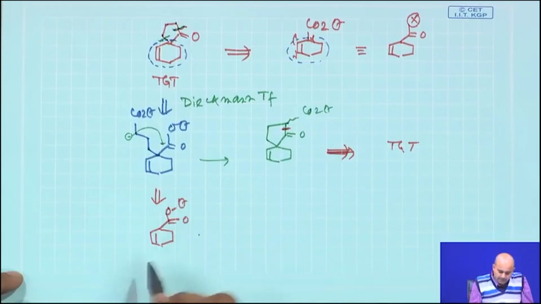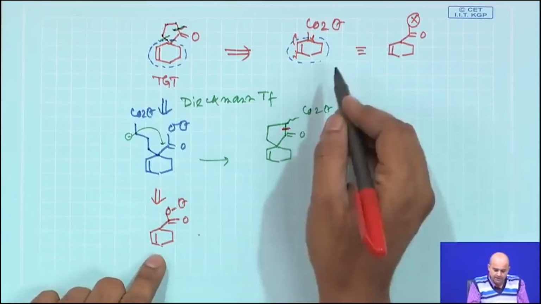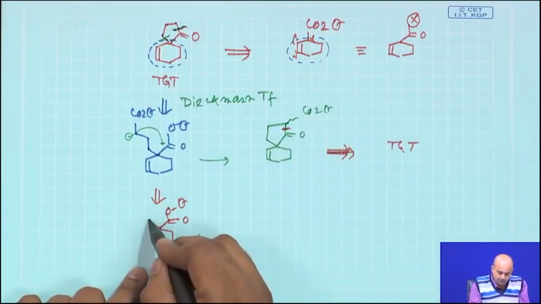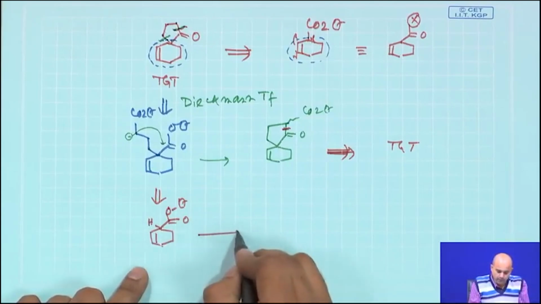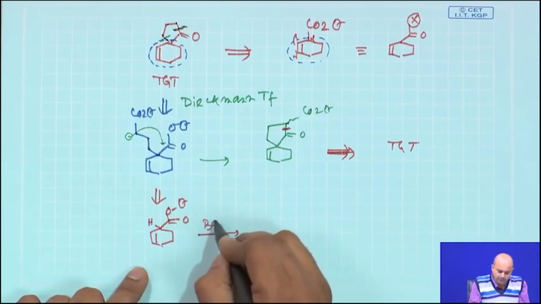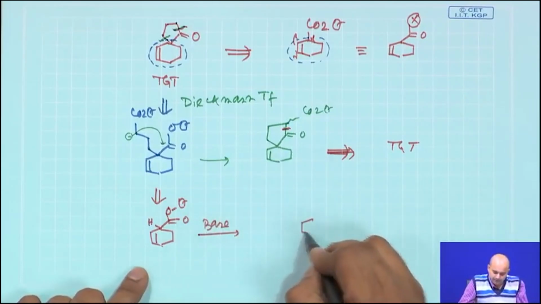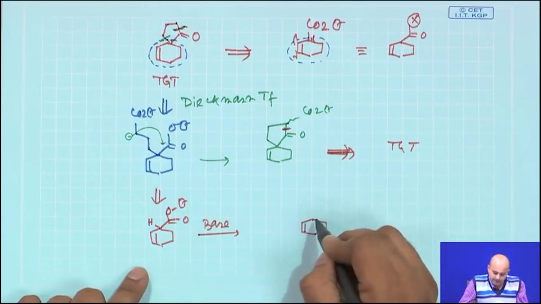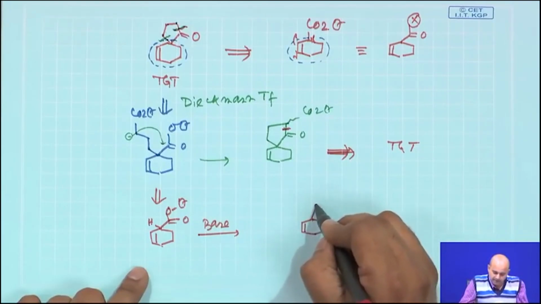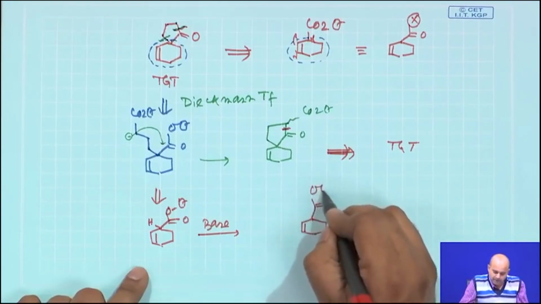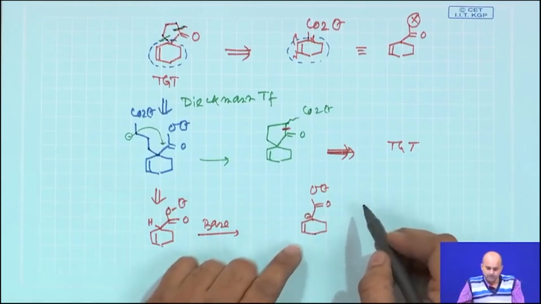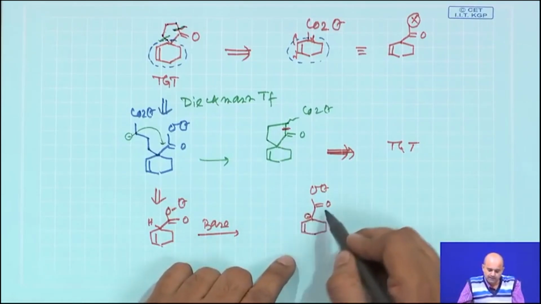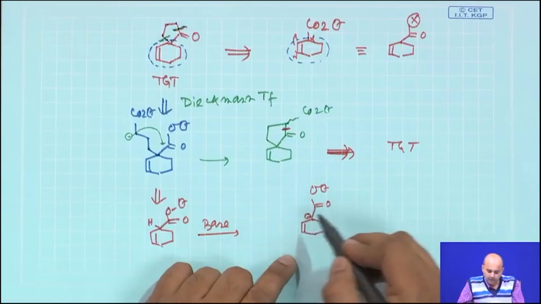We said that this compound, the starting material, is an allylic ester, which means that these hydrogens are acidic enough. So, if you treat this compound with a base, you will get an enolate of this carbanion. Now, this carbanion is extremely stabilized, because it is linked with allylic as well as this carbonyl.